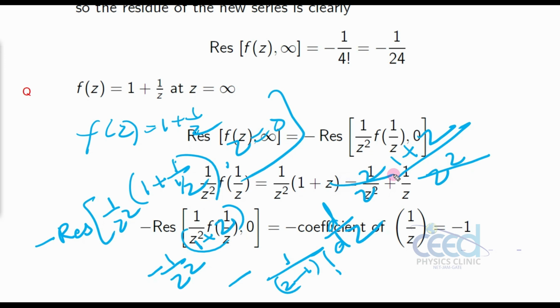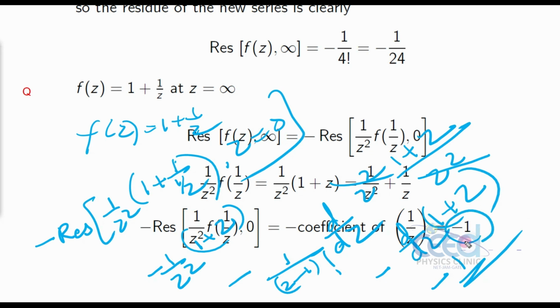So I can cancel this out. So this part will be minus and this part will be d by dz of 1 plus z. The differential of this is 1, so minus 1 will be the answer.